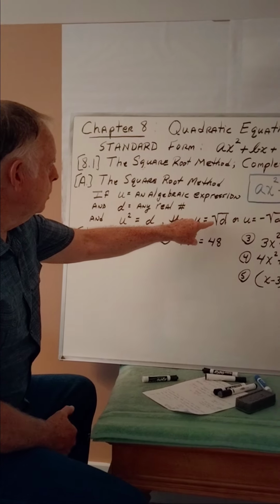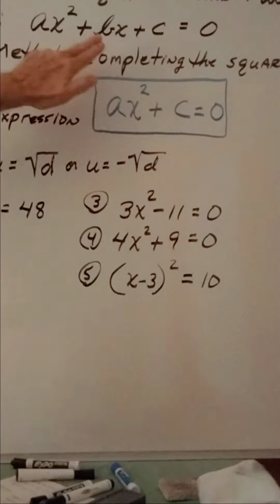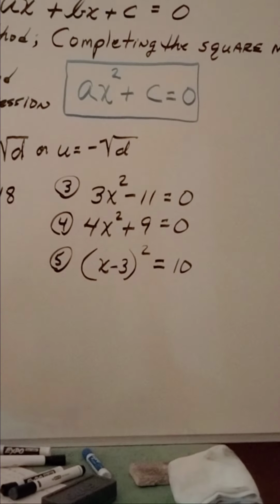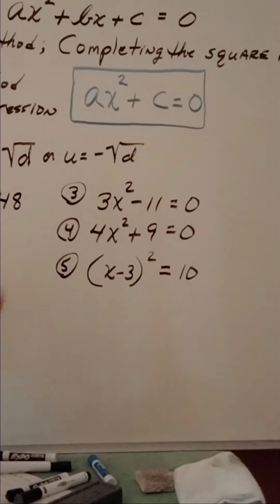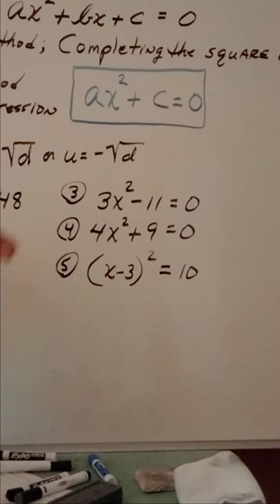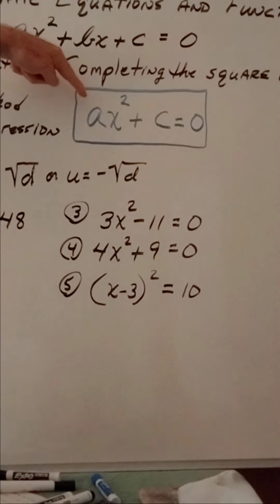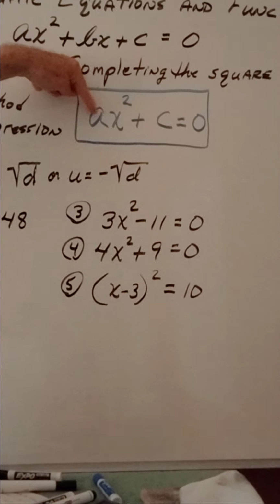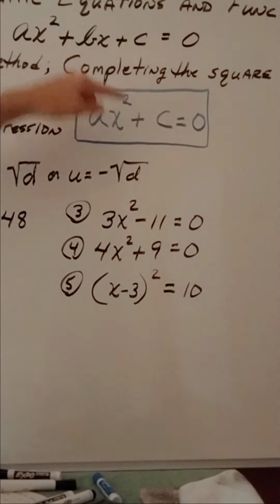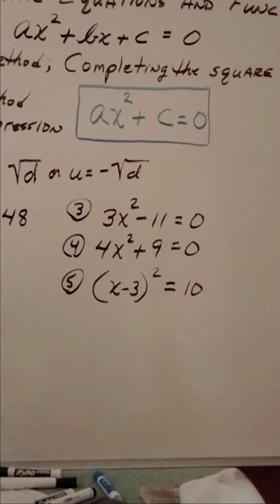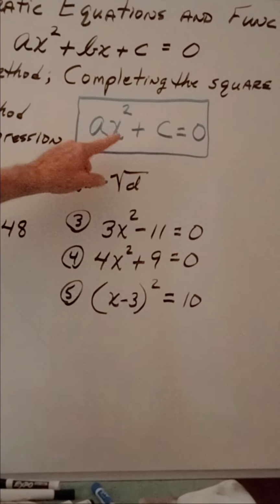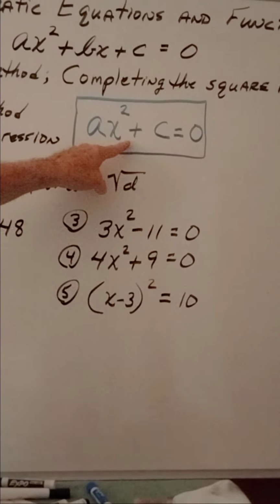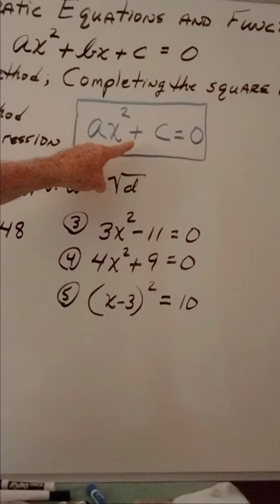Notice in this standard form right here, the linear term is missing. And here's the statement that we want to say. When you're looking at a quadratic equation that only contains the quadratic term and the constant term, but there is no linear term whatsoever in the equation, the square root method is the most ideal method to use to solve the equation.